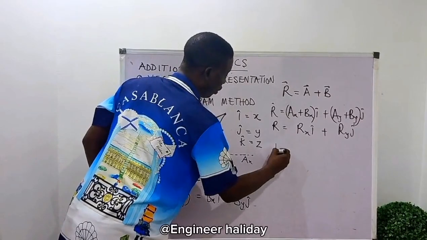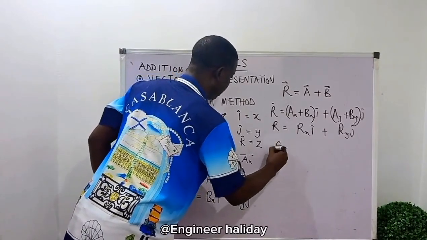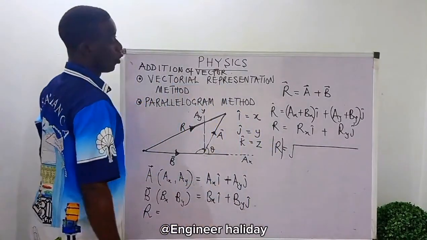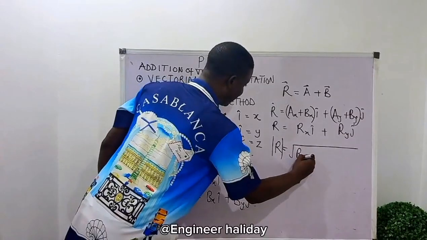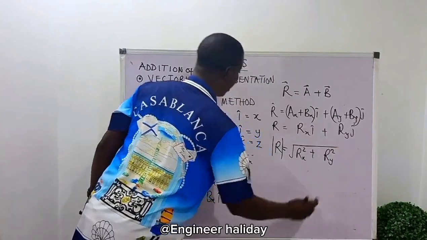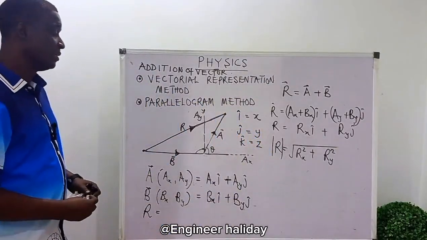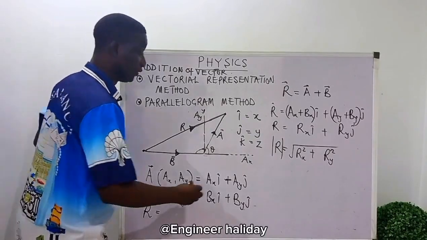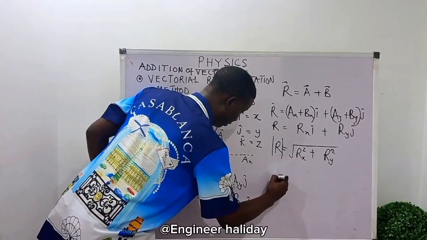So how do you find the total resultant in magnitude? You are going to have the resultant vector in magnitude as the square root of Rx squared plus Ry squared. That is how to find the magnitude. Then how do you find the direction of this vector using the vectorial method?